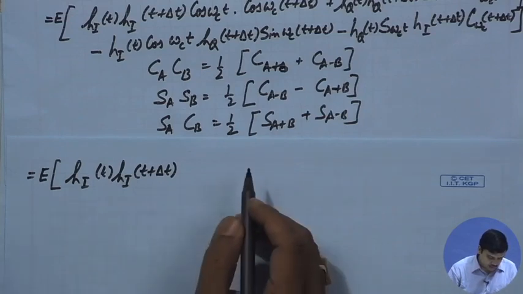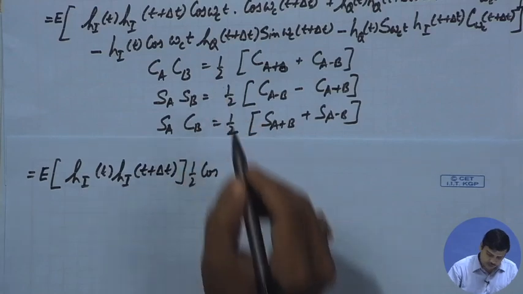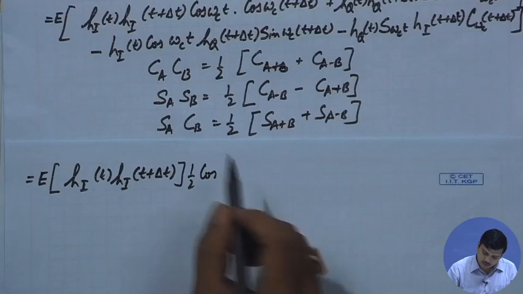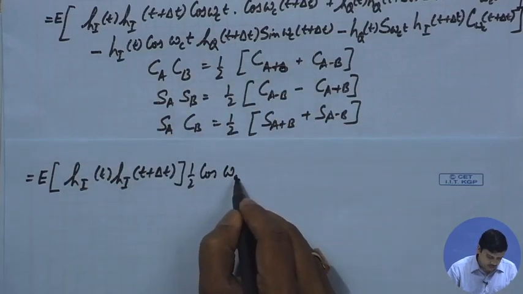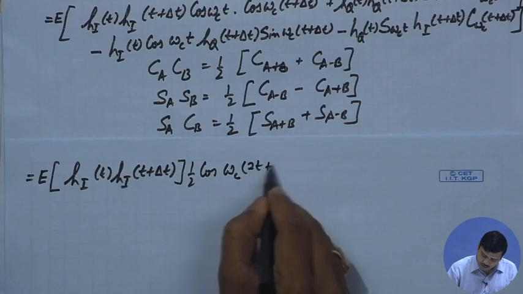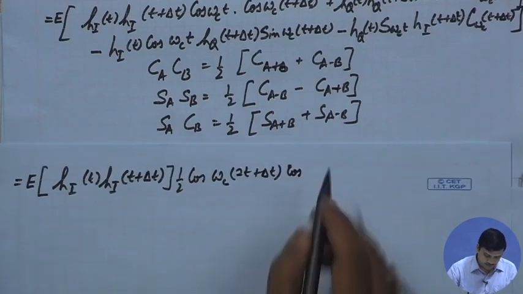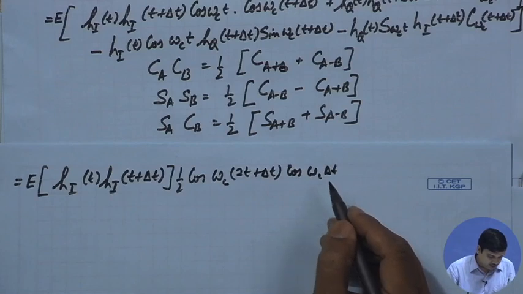to half cos of a plus b and cos of a minus b. So we are going to have cos omega c (2t plus delta t) and cos of omega c delta t.